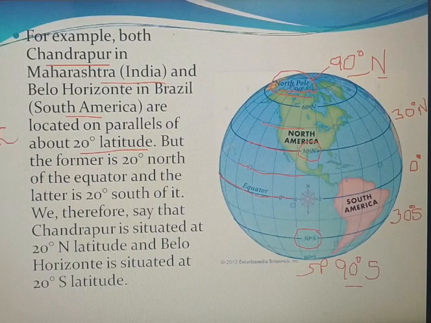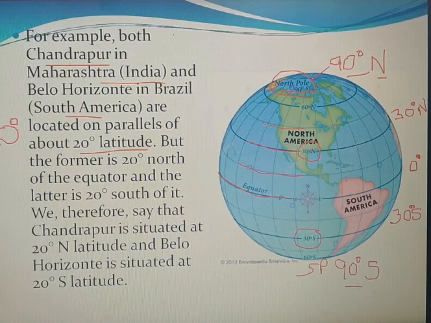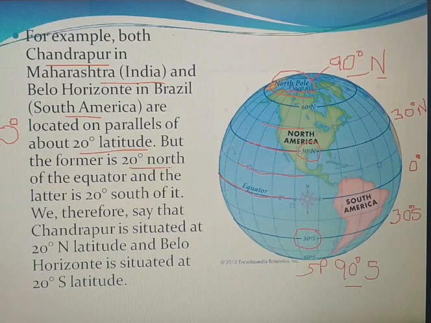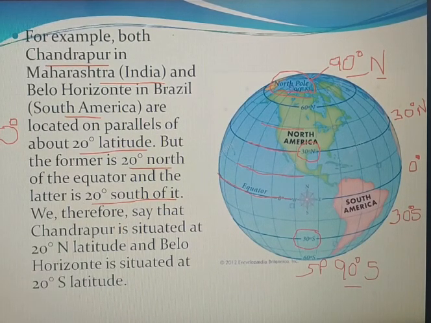Then how do we know which one is in the northern hemisphere and which is in the southern? Look here how. The former is 20 degree north of the equator, and the latter is 20 degree south of it. That means Brazil will be in the south and India will be in the north.